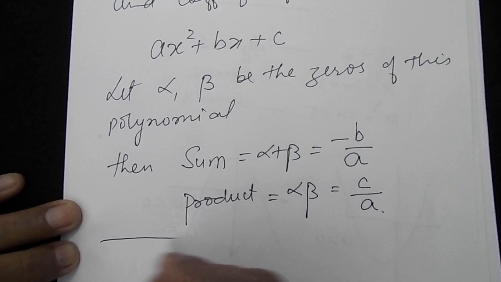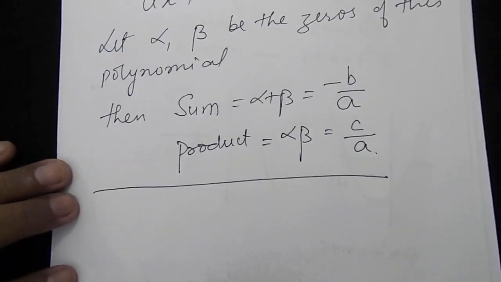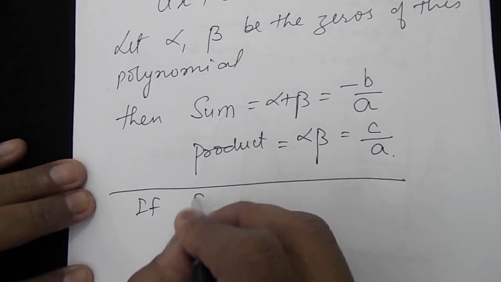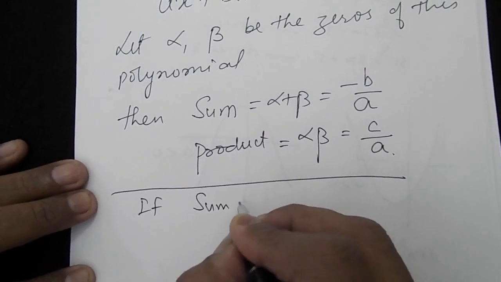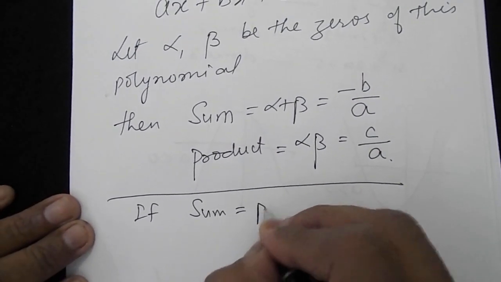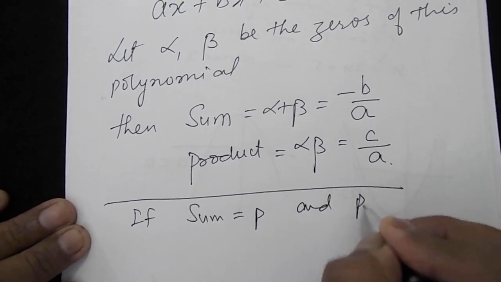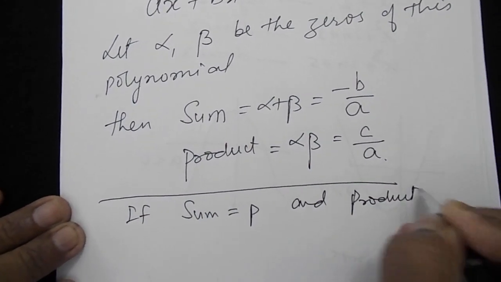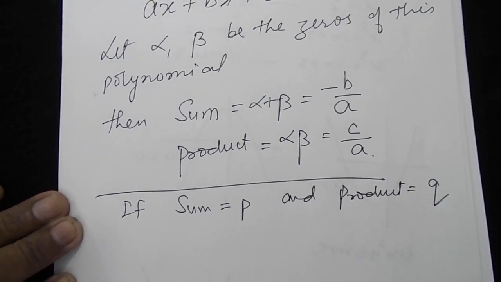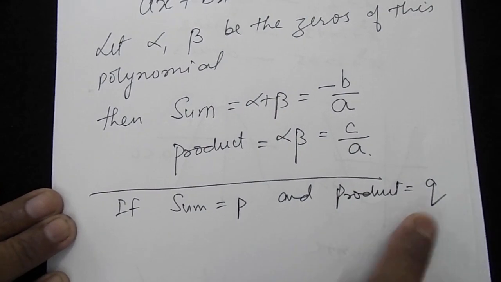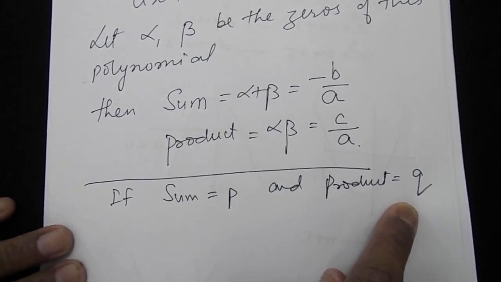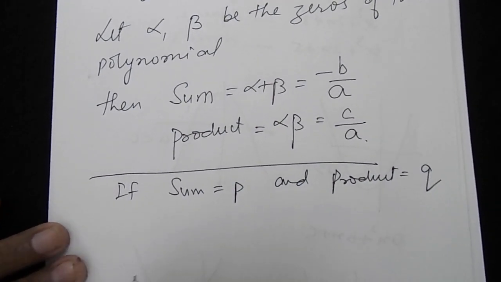Now, if the question reverses, if the sum is given as P and the product of the zeros is given as Q, then what is the polynomial?